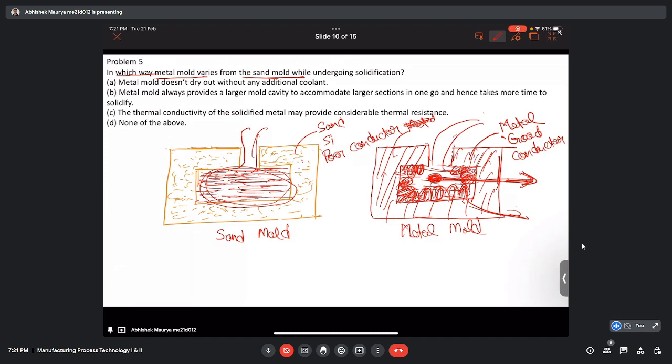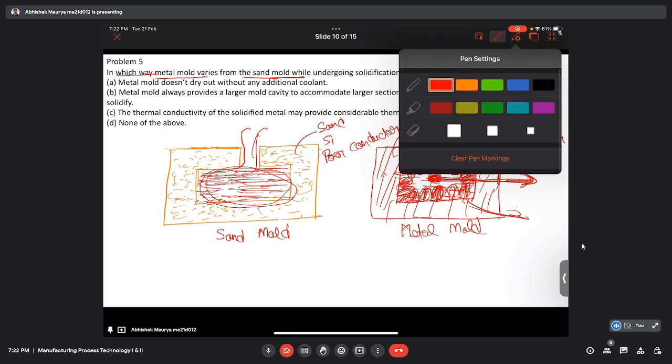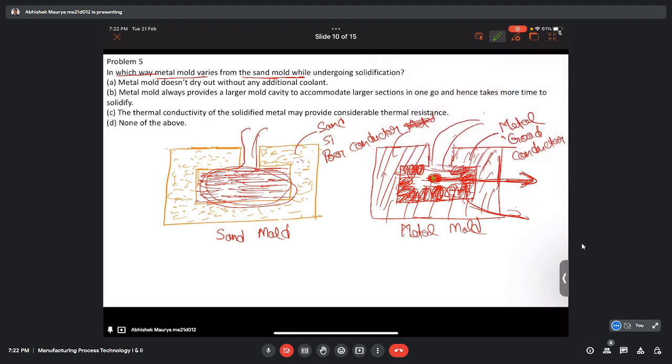Since the solidification has started from the mold wall very quickly, when heat starts traveling from the molten region to the ambient, it will encounter the solidified material. So heat starts moving from here, and what it will find in this region is the region of solidified metal.